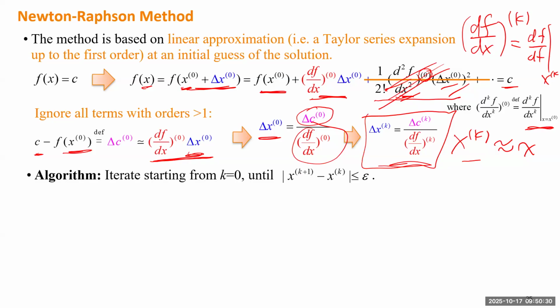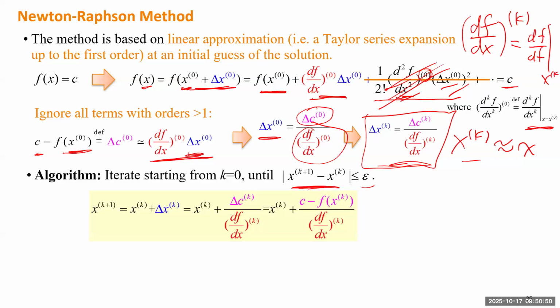So the algorithm of the Newton-Raphson approach will be the following. We start from iteration 1 and we continue until the k-th iteration or k+1 iteration, until the change on the x value is less than the error tolerance.